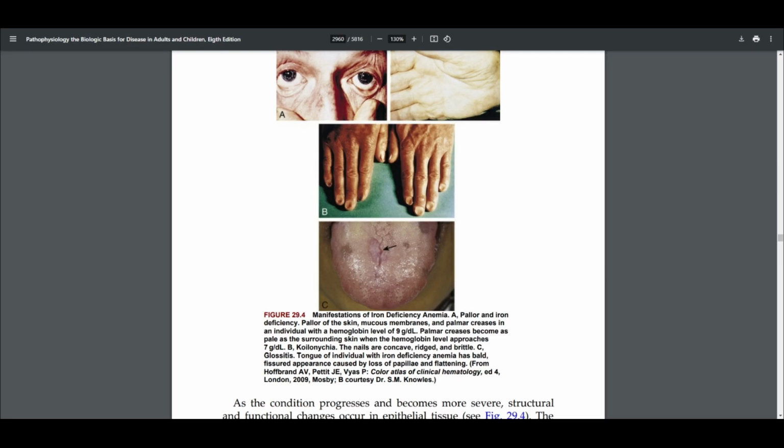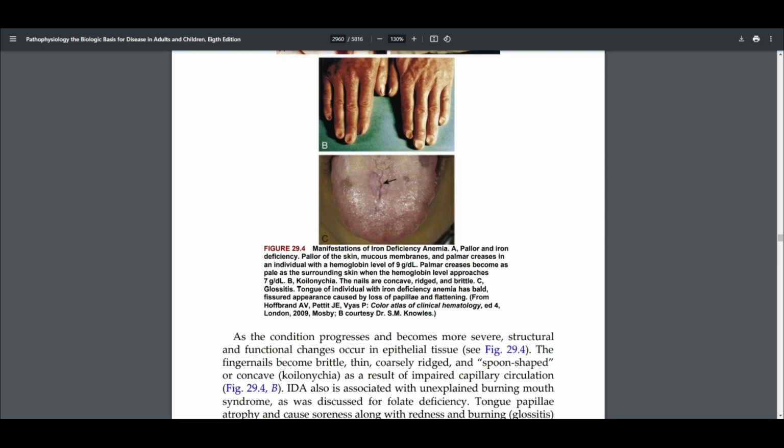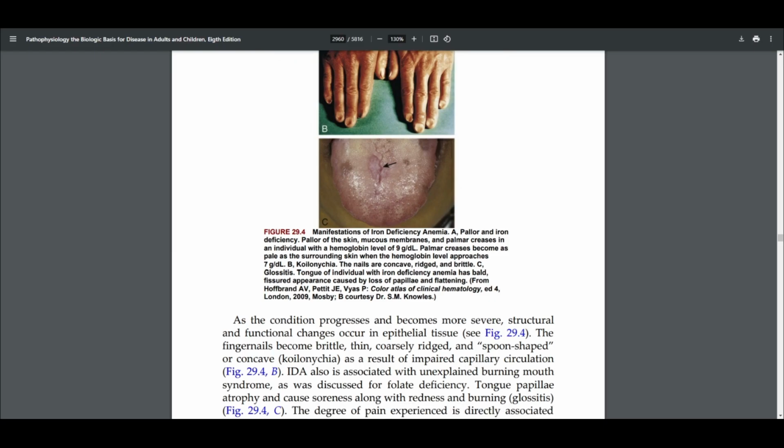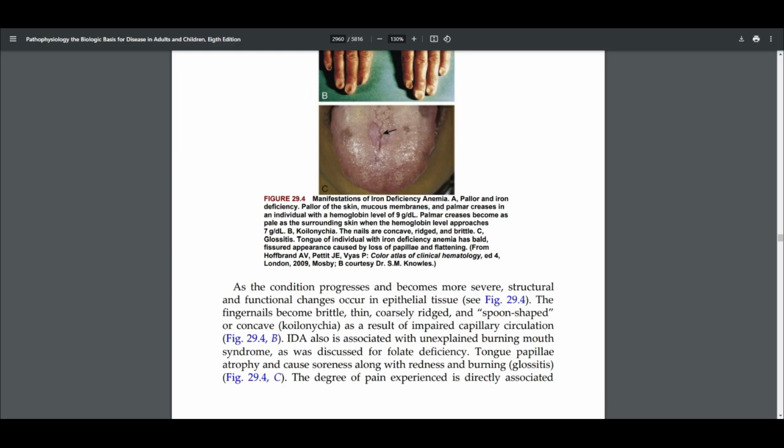As these conditions progress and become more severe, structural and functional changes occur in the epithelial tissue. The fingernails become brittle, thin, coarsely rigid, and spoon-shaped, or concave, as a result of impaired capillary circulation.